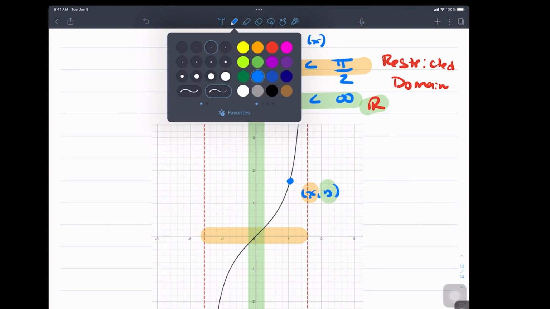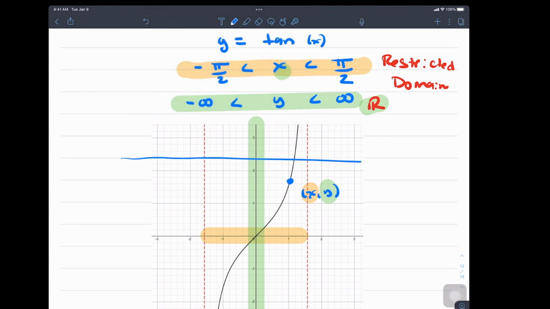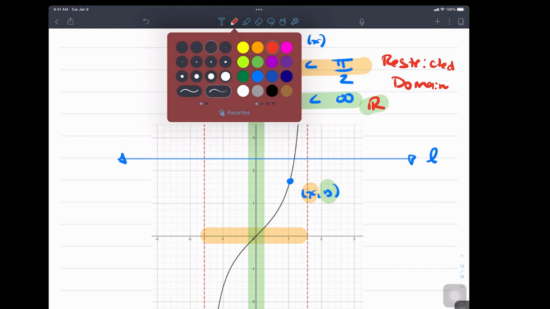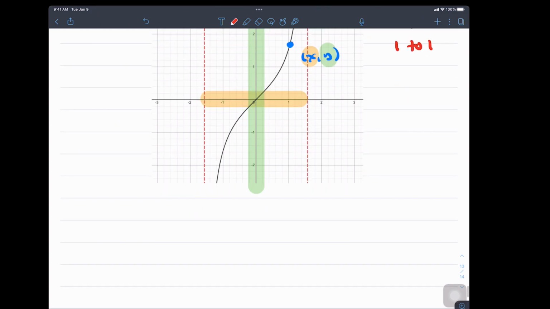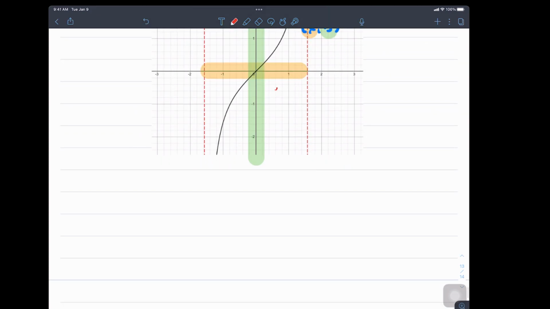Now, more importantly, tangent under this scenario is what? Do you guys remember this? By the horizontal line test, what do you guys know about tangent? It's 1 to 1. If it's 1 to 1, what does it mean? It has a what? Inverse. Yes. Switch domain and range. And so now I'll give you the definition here, like your book does.